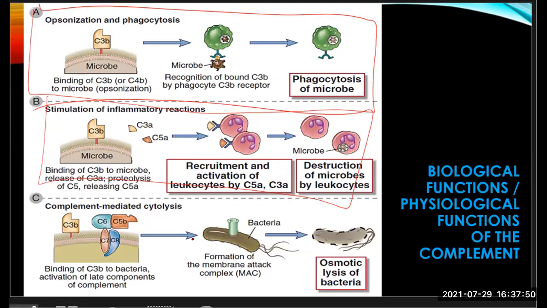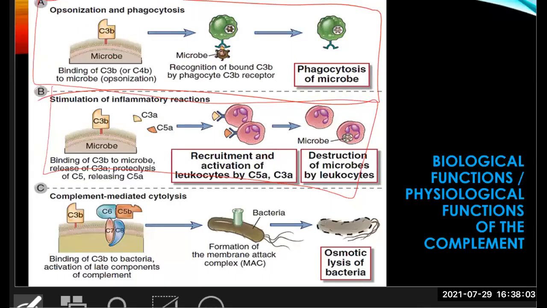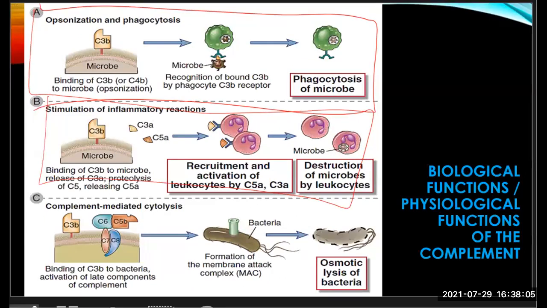This is another cartoonized table representing the functions of the complement in a direct and simplified approach. For this one, row A shows the major functions of the complement system in host defenses.